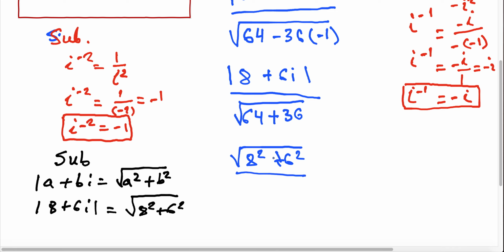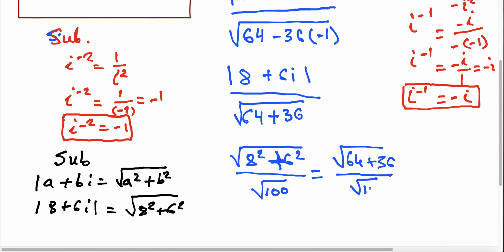And okay, so let me write better here. And down is 64 plus 36 is 100. And on the top here we already see 8 squared is 64 plus 6 squared is 36. And here is the square root of 100. And as we see here, this is equal with 100.